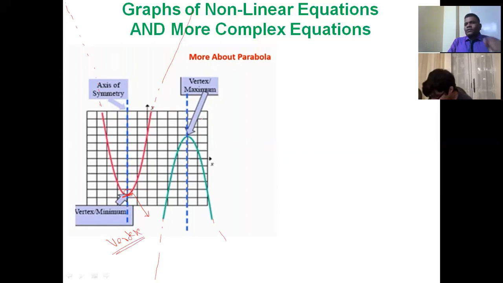And at the vertex, you find the minimum and maximum value of this function. Similarly here, in this case, here is the turning point, so this is the vertex. At the vertex, you can find the minimum and maximum value of the parabola, right? Now, we can easily identify when it could be the minimum and when it could be the maximum.